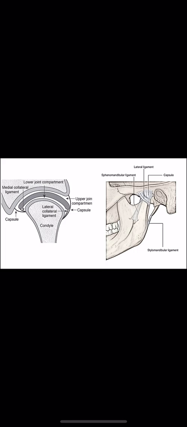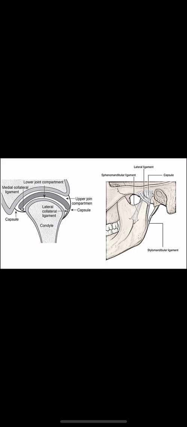Next we have the temporomandibular joint ligament that you can see in another diagram, that is also referred to as lateral ligament. It is also termed as main stabilizing ligament or the check ligament. It limits anterior excursion of the jaw as well as prevents posterior dislocation.